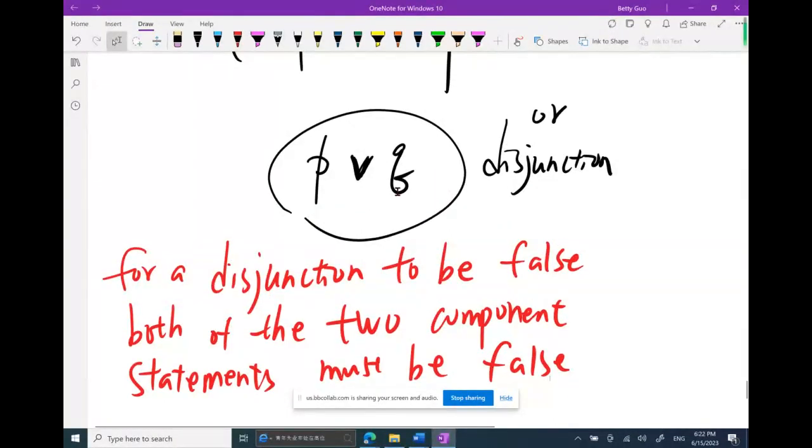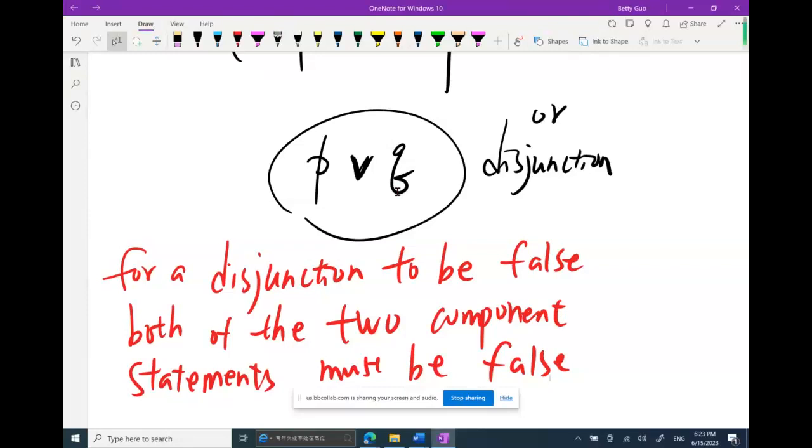For each type of compound statement, you only need to remember one sentence. This is the sentence you need to understand and memorize for disjunction: in order for a disjunction to be false, both of the two components have to be false. That means in order for P or Q to be false, both P and Q have to be false.